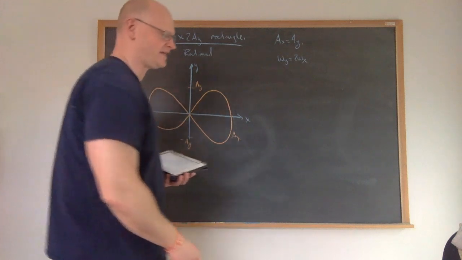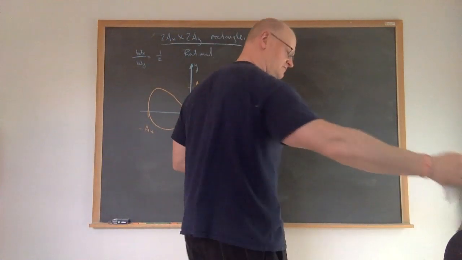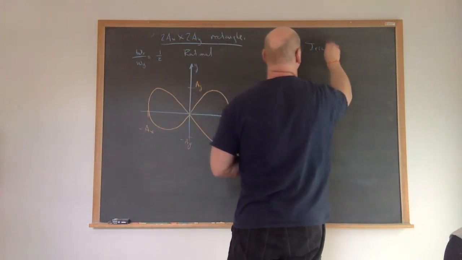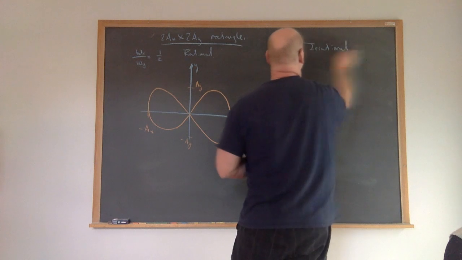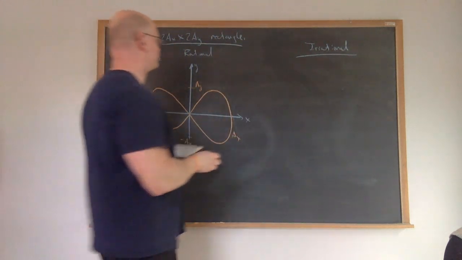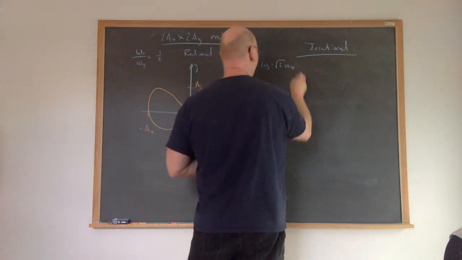Let's look at the other case where this is irrational. Say, for example, we have omega y equal to the square root of 2 times omega x.